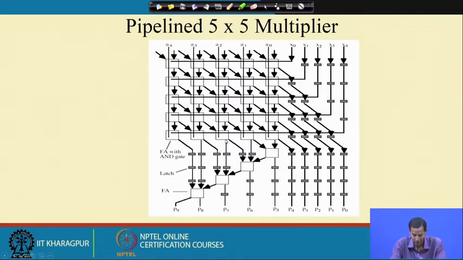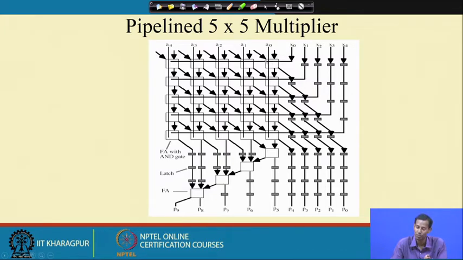In this stage, these 2 come after 2 delay elements and these 2 after 3 delay elements. So after 7 delays, 4 over here and 3 for this case, P8 and P9 will be generated.